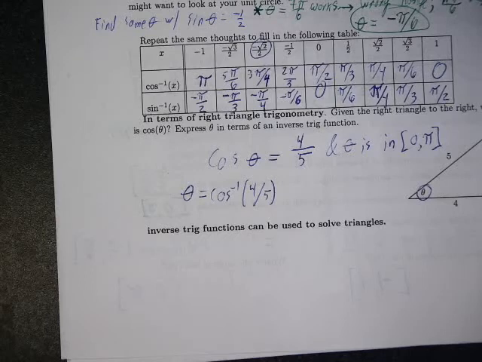Well, if you wanted to know the approximate value of this angle, 4 over 5 isn't a number that I see in the lookup table. So if you want to actually do a computation, let's compute arc cosine of 4 over 5.